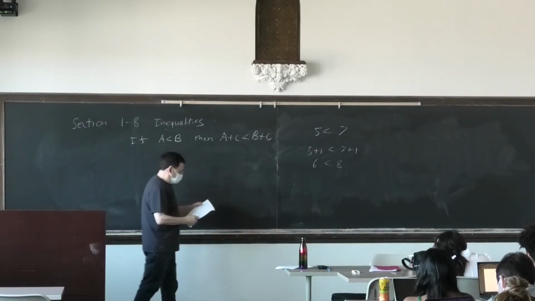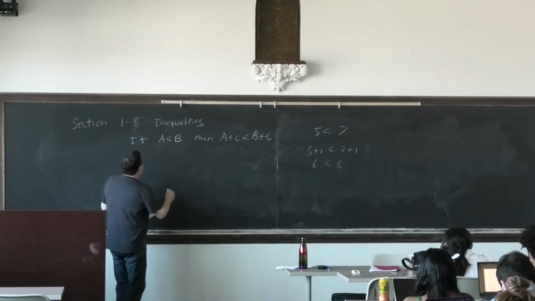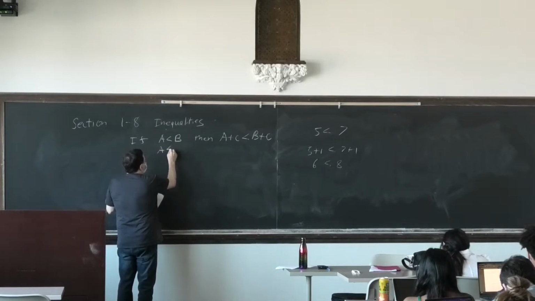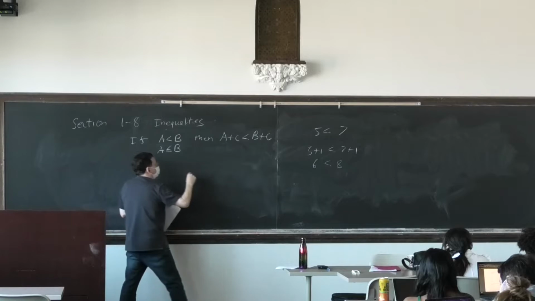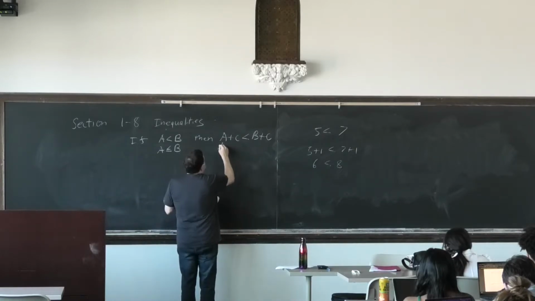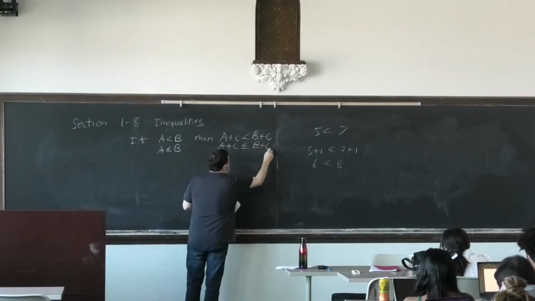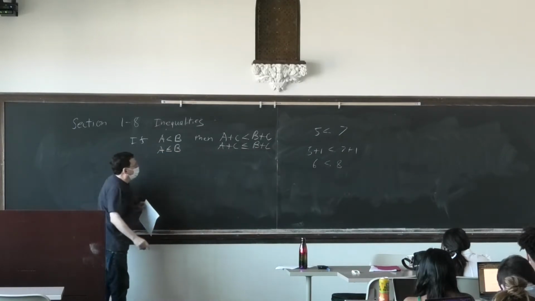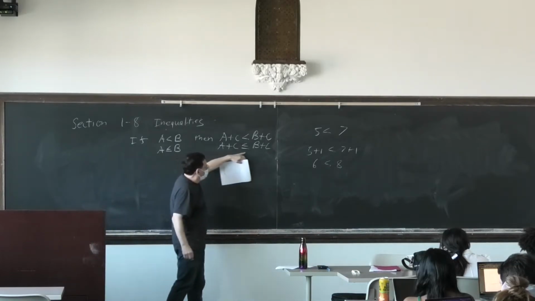Pretty straightforward. Of course, we're talking about a less than or equal to b, and a plus c is going to be less than or equal to b plus c. The equality, well, if you have equality here, you'll have equality here.